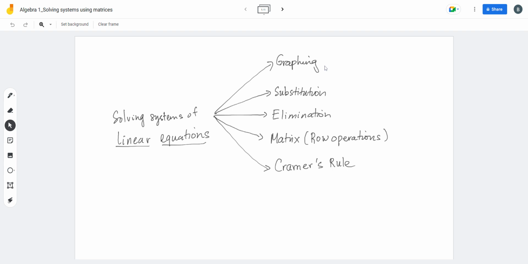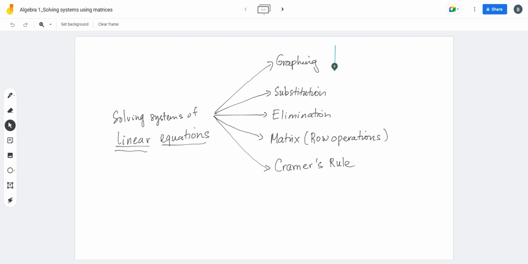So we talk about graphing the relationships between two lines. Here we talk about linear equations, right? So that's representing lines. There are a couple of scenarios that you can think about.